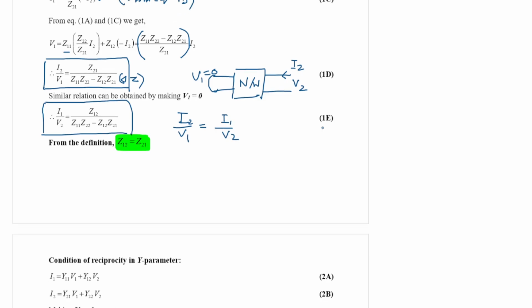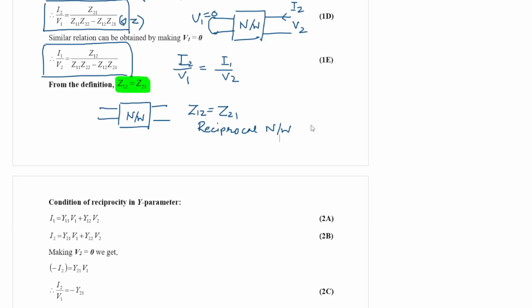For any network, if you solve it for Z parameters and you find this relation, Z12 is equal to Z21, then you must say this network must be a reciprocal network. That is the meaning. So if you find this result by solving any network, that type of network is called a reciprocal network.